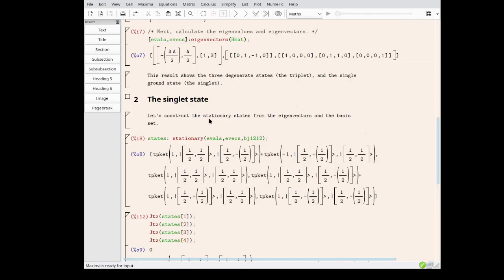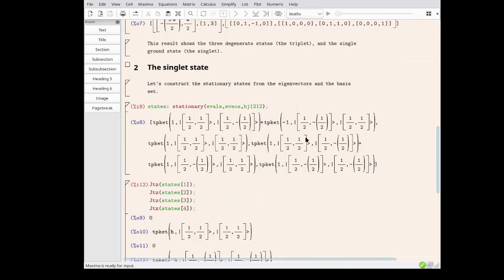In stationary, we input both the evals, or eigenvalues, and the eigenvectors, because we need to know their degeneracy, and which eigenvectors go with which eigenvalues. And again, we have to input the basis. So when we do this, we are left with the following stationary states for the Hamiltonian.